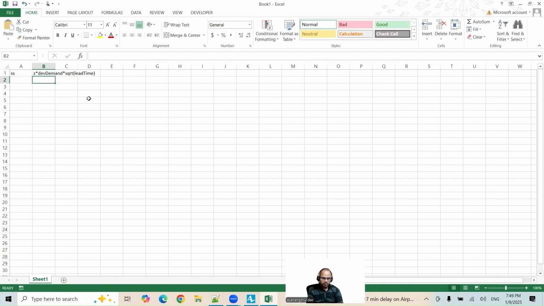So that means in our case, the Z score for 95% service level is 1.65, and the demand deviation is this, and then the square root of 3, right? So this is the value, and we will round it up.